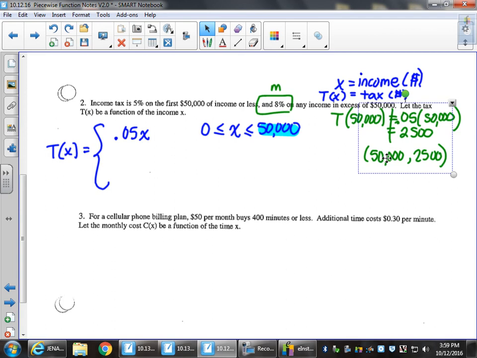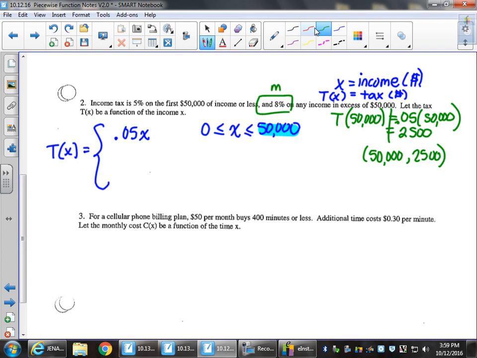For space, we're just going to slide this up a little bit. So I now have my ordered pair and my M. Here's X1, Y1, and here's M. So let's go for it. Y minus 2,500 equals 0.08 times X minus 50,000.